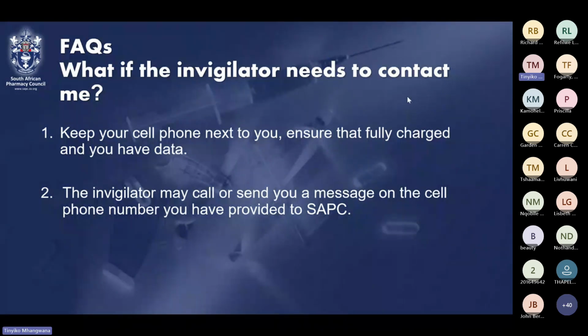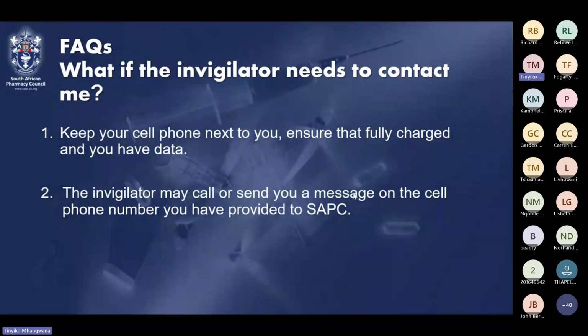Keep your cell phone next to you and ensure that it is fully charged. The laptop as well needs to be charged. You cannot run out of battery. It will not work to your advantage at all. Make sure that you have the data that we're requesting or access to Wi-Fi.